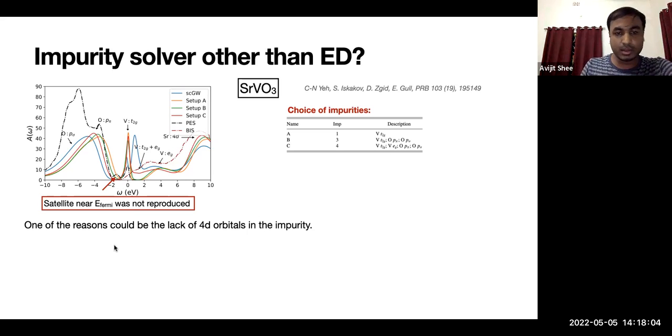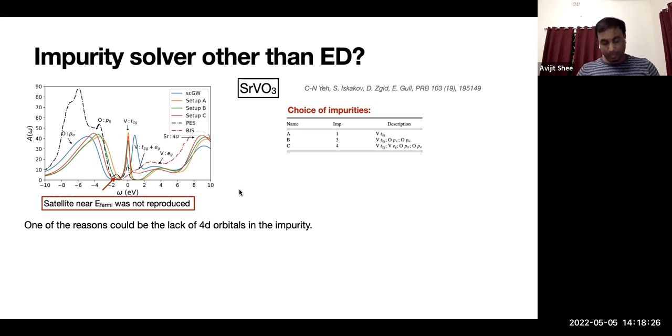So, for example, the lack of 4D orbitals in the impurity may explain the appearance of this type of satellite spectra. And this study could not be performed just because of the fact that ED cannot handle that many orbitals.